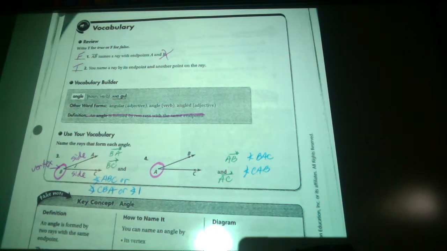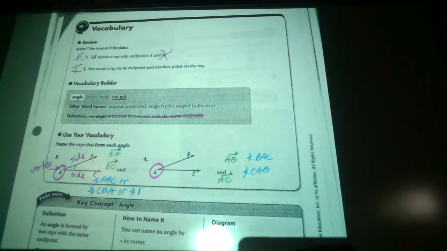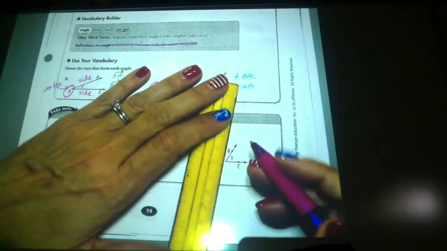All right, so we have the vertex and how to name it. So we've talked about all of this. Be really, really careful. You cannot necessarily name it by its vertex. I don't like that one. Now your book may allow it. And here's why I don't like that. Technically you could name this angle A, but what if I had another angle right here going through point D?